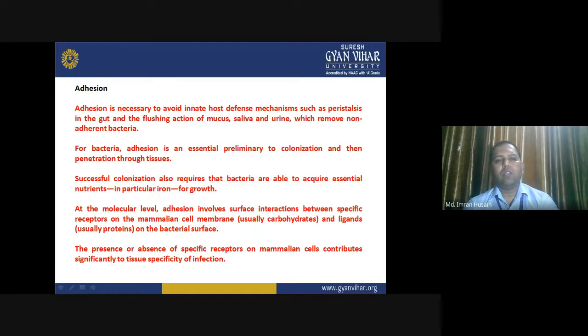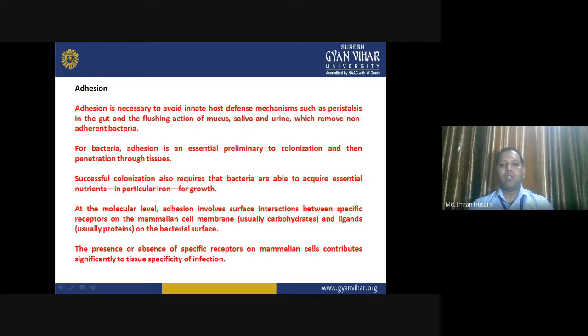For bacteria, adhesion is a necessary preliminary to colonization, then penetration through the tissues. So, colonization is also important, but the initial phase focuses on sticking to a site. So, adhesion is extremely important. Successful colonization also requires that bacteria are able to acquire essential nutrients, in particular iron, for growth.